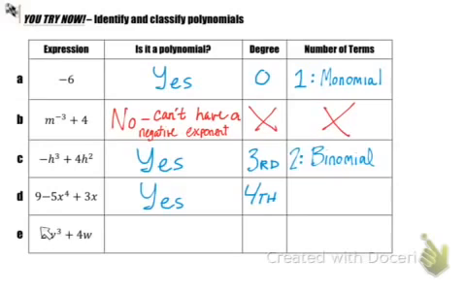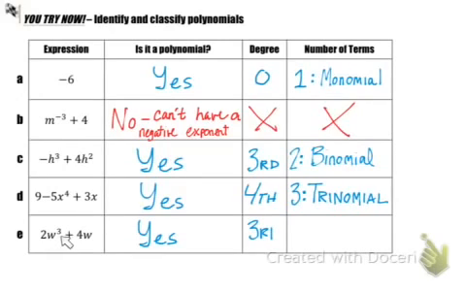And because there are 1, 2, 3 terms in this expression, we call it a trinomial. Okay? And then for E, we have 2w to the third power plus 4w. Is it a polynomial? Absolutely. And it is being raised to the third power, the highest degree. And since there are two terms, we call it a binomial.